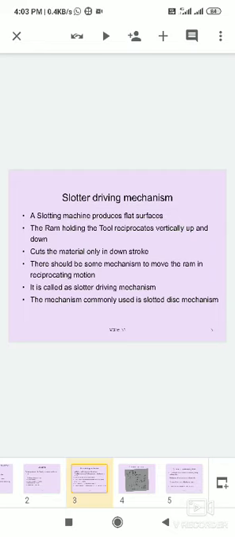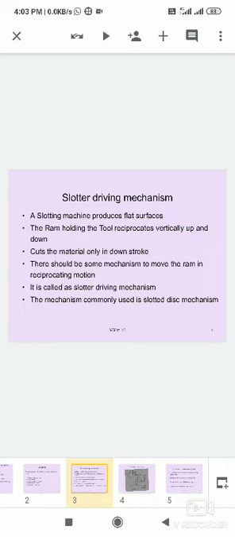On the return upward stroke, it is an idle position of the tool so that no scratches are formed on the finished surface. The ram driving mechanism is also fixed on the machine. The following driving mechanisms are used in the slotter so as to complete the return stroke, that is the idle stroke, faster than the cutting stroke.